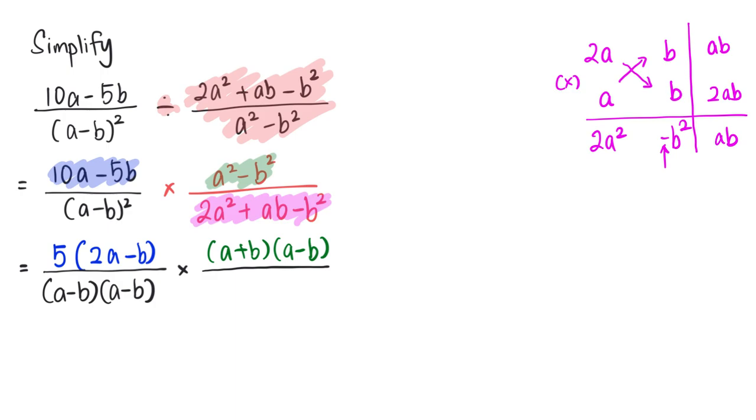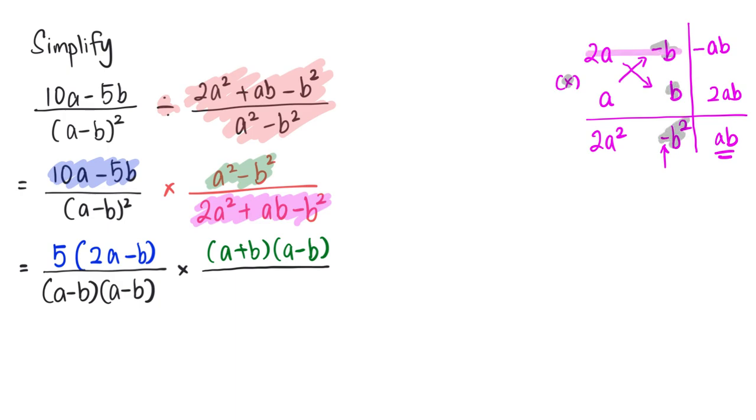Now is to consider the negative sign. And in order for me to get a positive ab, it must be 2ab minus 1ab. Meaning the negative sign is here, such that I still have my negative b times b gives me negative b squared.